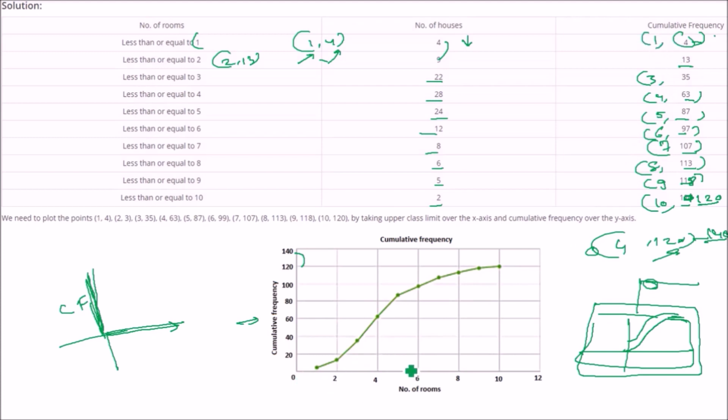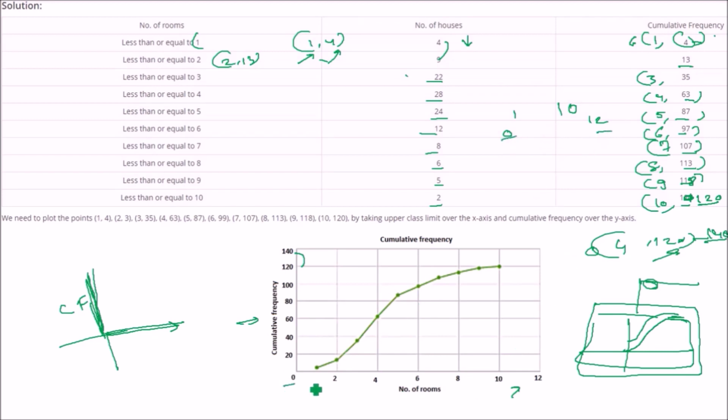On the x-axis, the minimum is 1 and the highest is 10. So we can start with 0 and go up to, say, 12, taking a difference of 2. It depends totally on you what numbers you take, but I have told you the maximum and minimum limits.